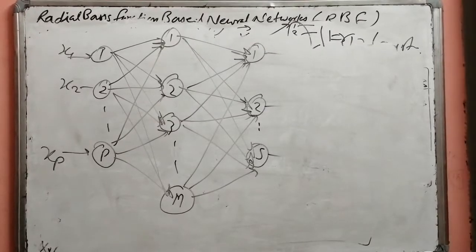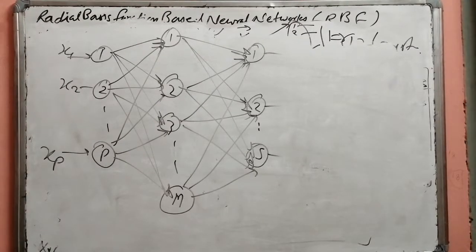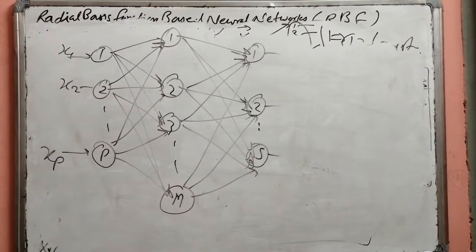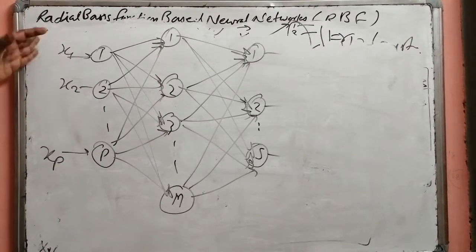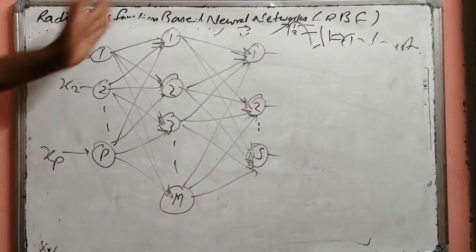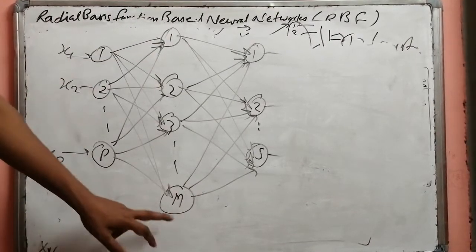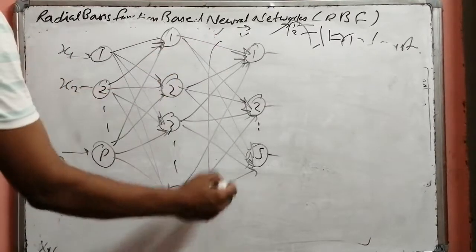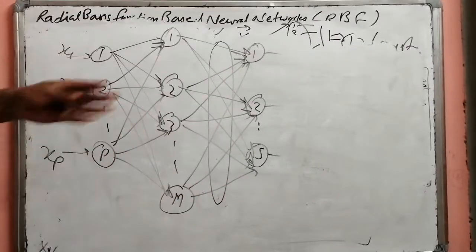Now we have gone through all the steps required for constructing a radial basis function based neural network. It started with the input layer distributed over p dimensions, then extended these p features to m features, and finally we found the weights that are used to classify the input vectors.